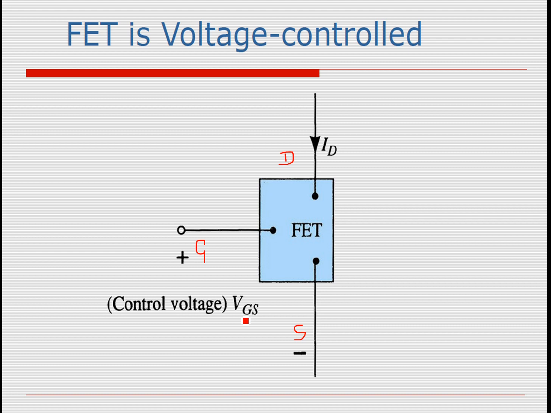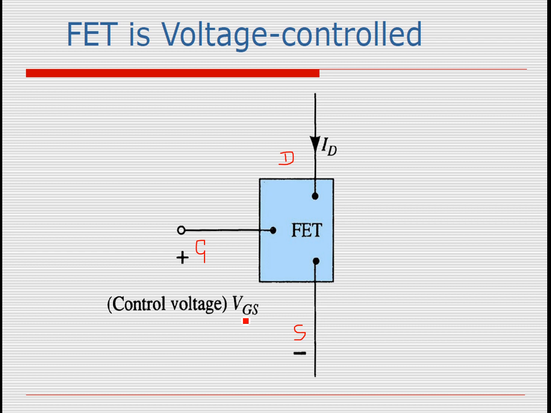And one more major difference between BJT and FET is that FET is a unipolar device. If you consider the BJT, as the name itself indicates, bipolar junction transistor, the current is carried by both electrons and holes, and hence the name.